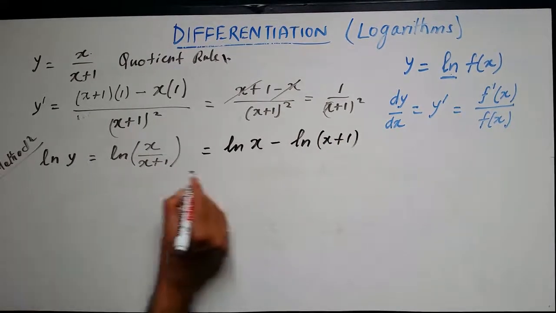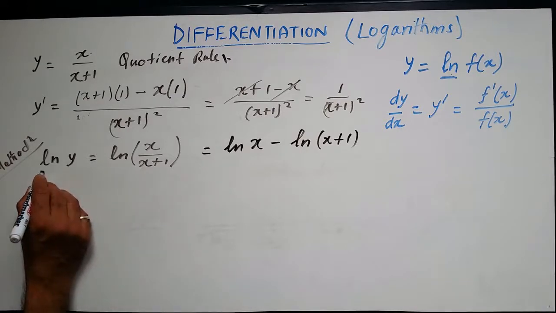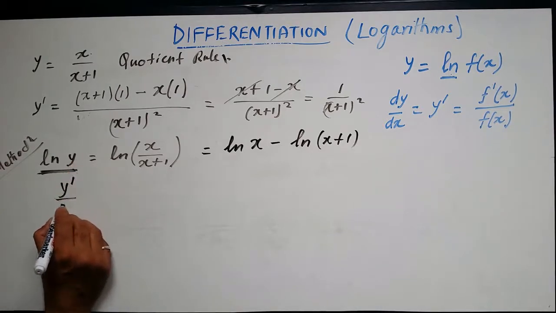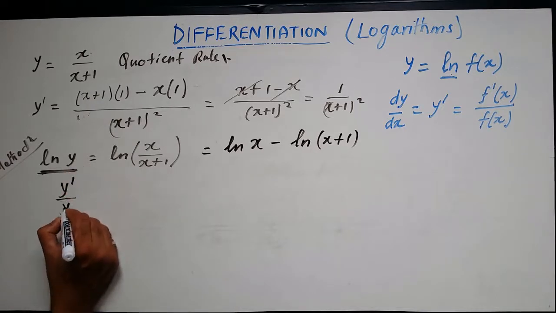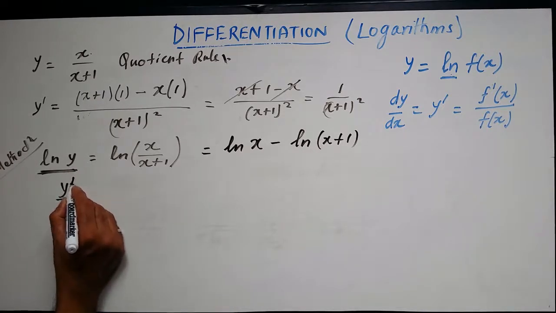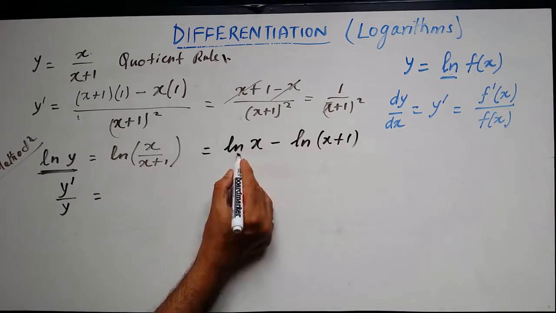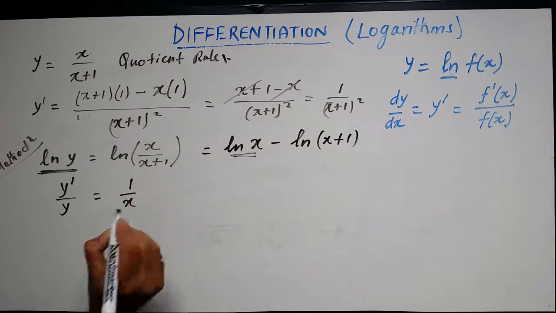Now we apply the rule for derivatives of logarithmic expressions. The derivative of ln y gives us the derivative of the function upon the function itself, so it is y dash upon y. Now, what is the derivative of ln of x? It is 1 upon x.